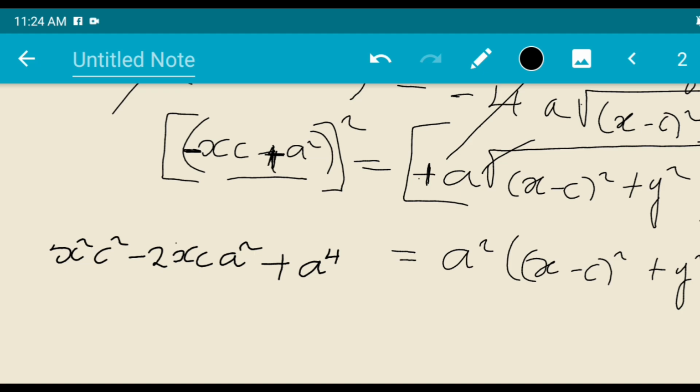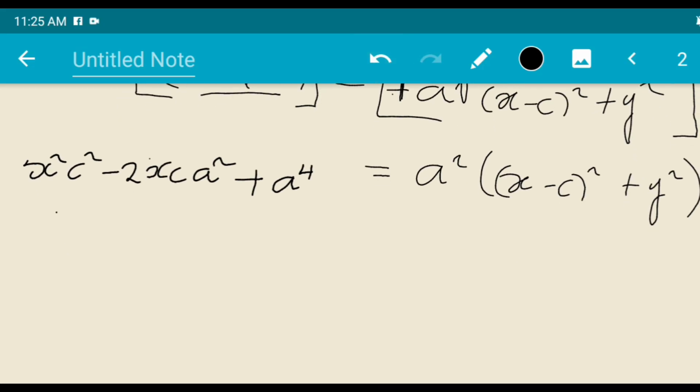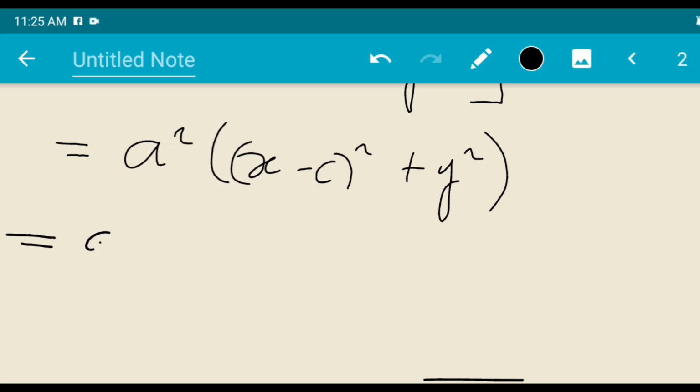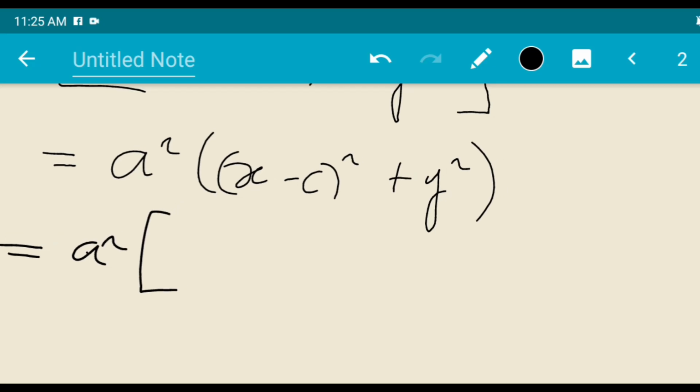Now let's deal with the right side and expand what's inside there. Let's focus on the right. So this will be a squared, we open brackets, and let's do what's inside first.